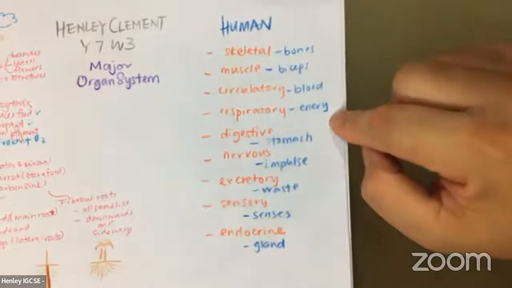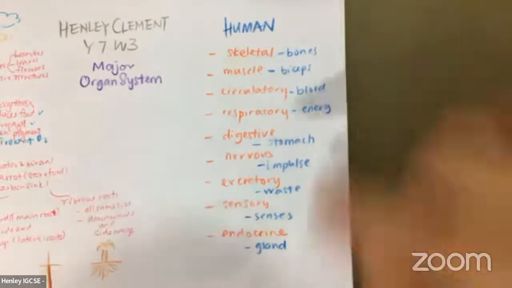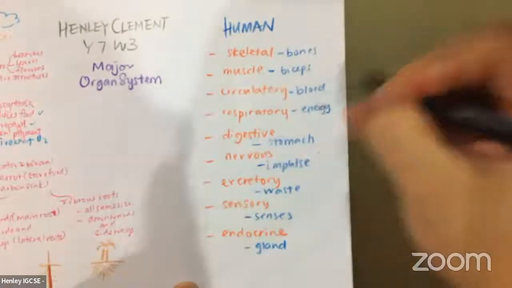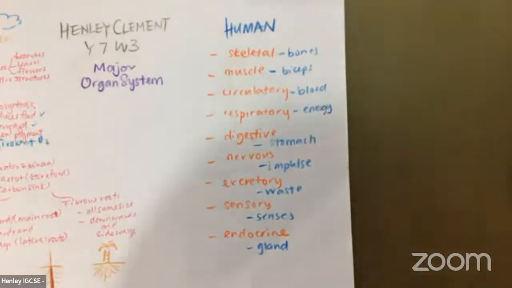But here in year 7, we are looking at the breathing process, how the air is breathed in and breathed out. There will be a digestive system, which is, for example, the stomach, and the nervous system, learning about information sent and impulses.